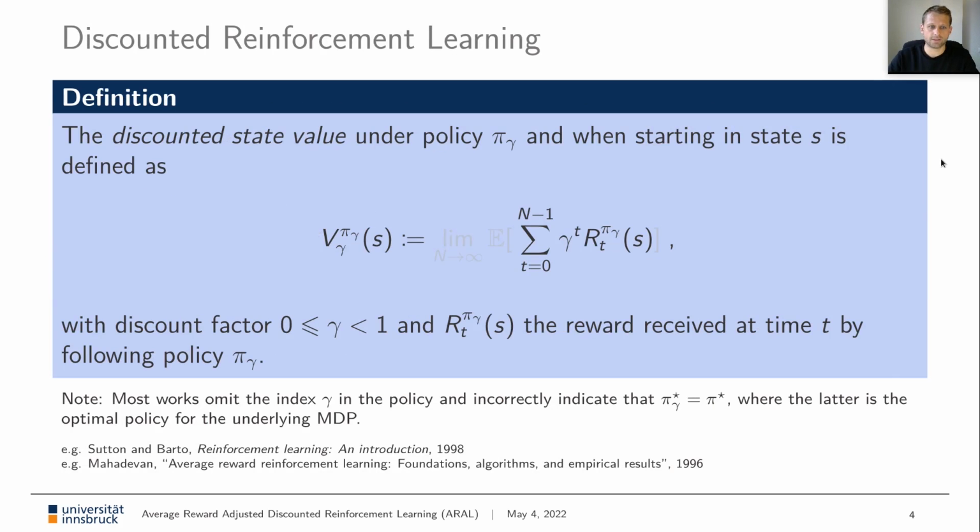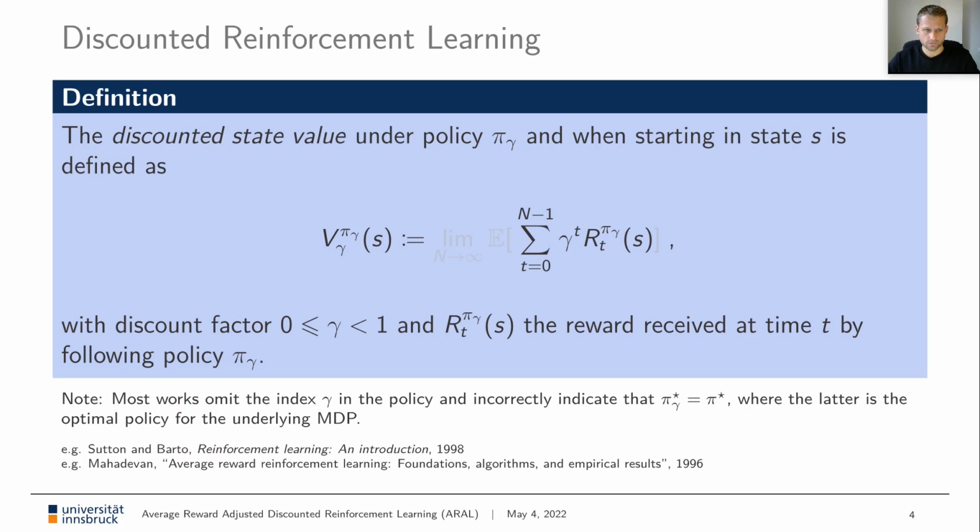So let's have a look at the discounted state value, where we write the policy pi with an index of the discount factor gamma to indicate that the best policy is dependent on the discount factor that we set.